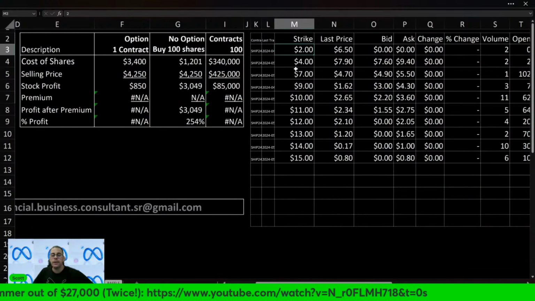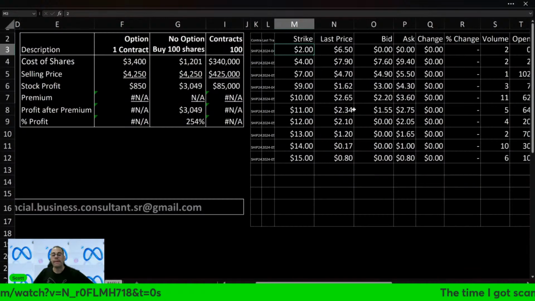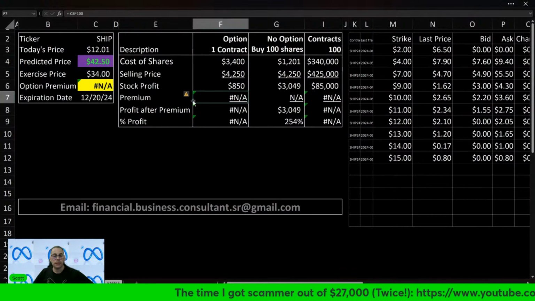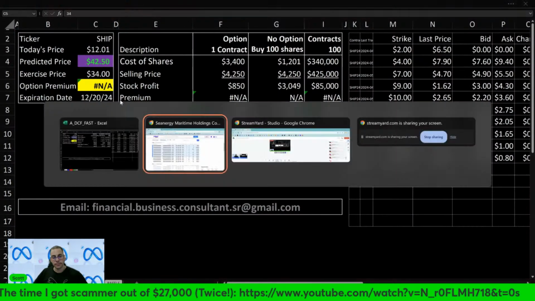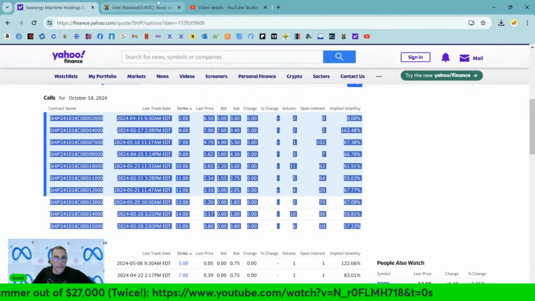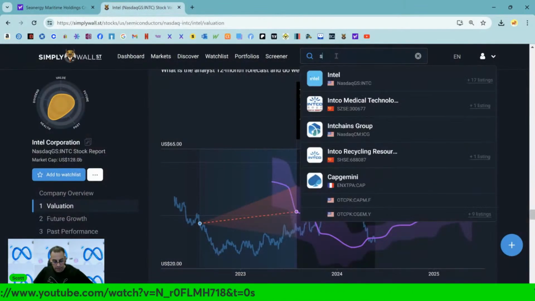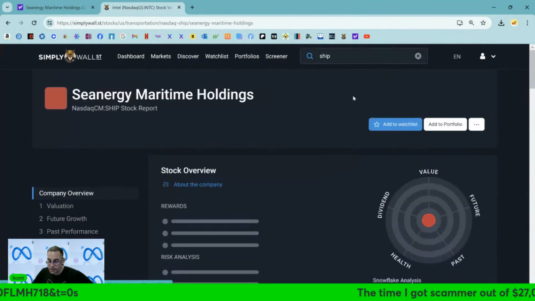So you can buy options in the money. The thing is, you might have to pay a higher premium. So let's get the analyst projections.